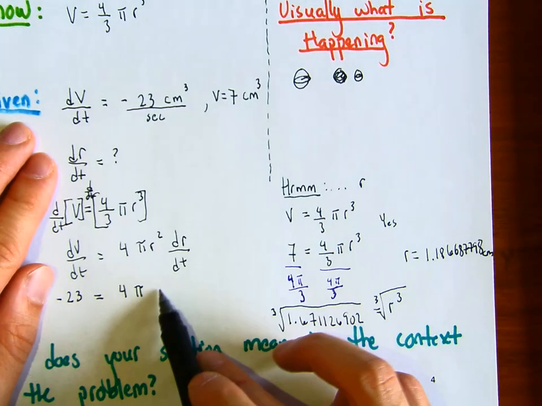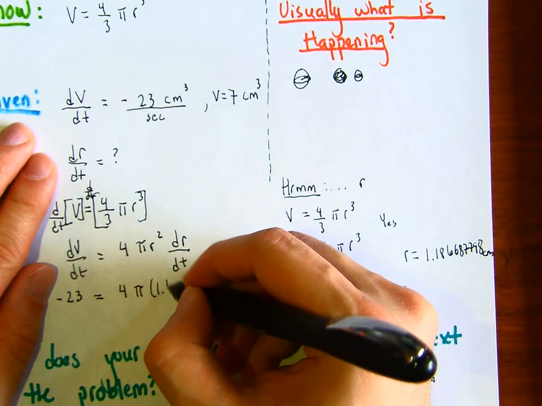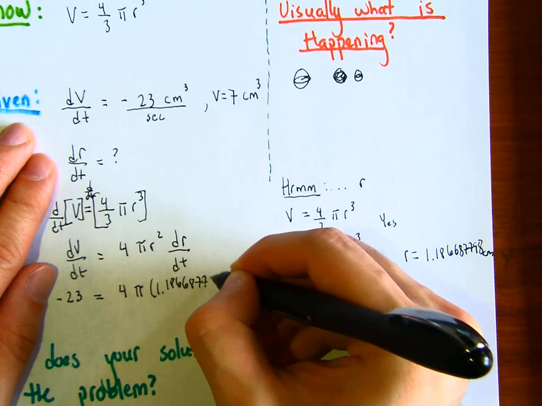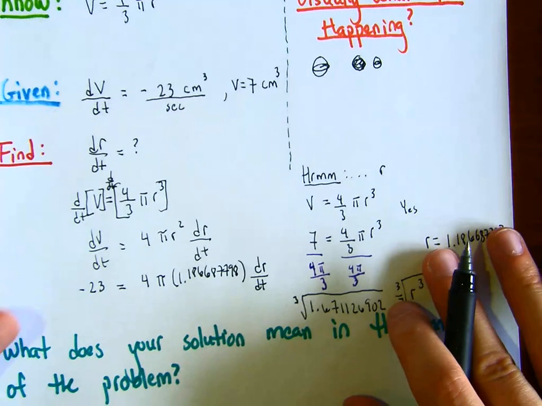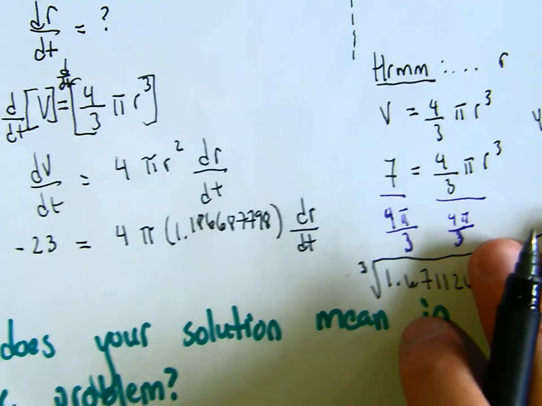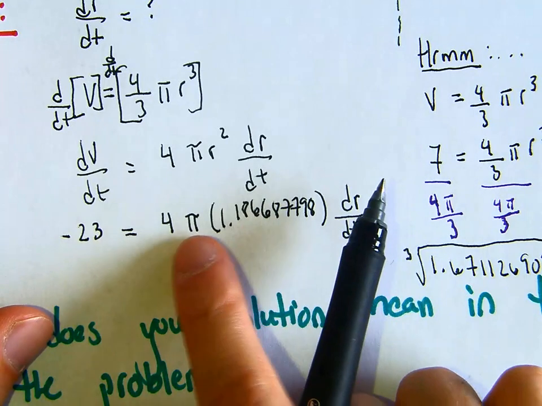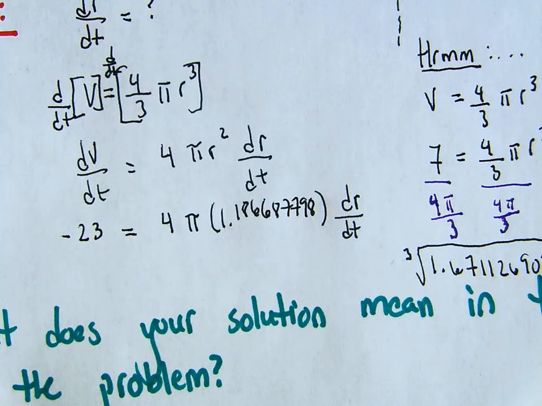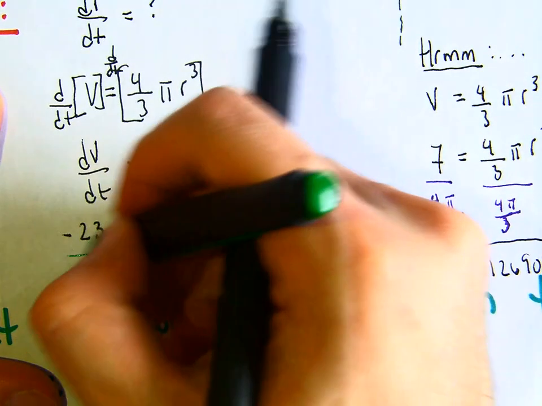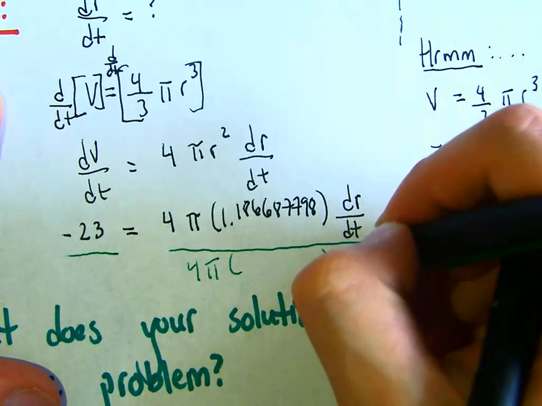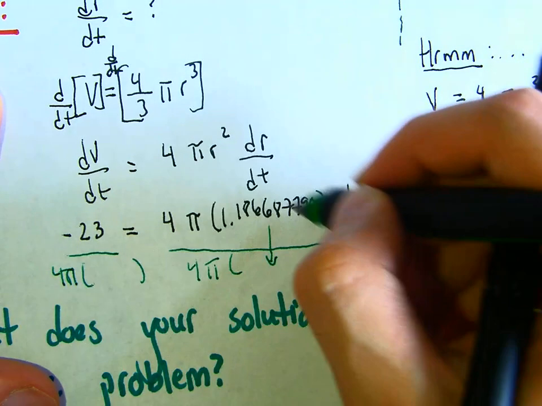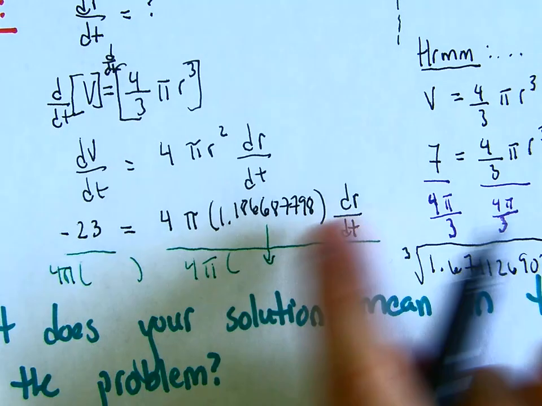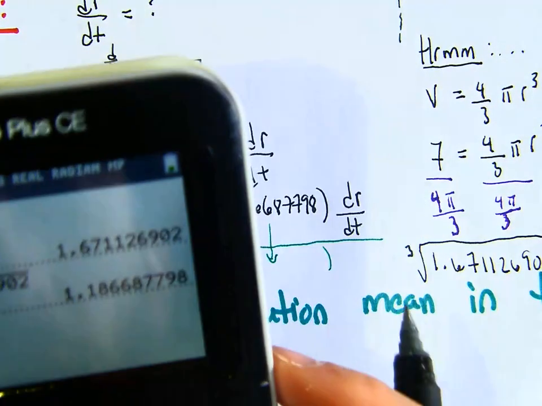Now we know what r is, so we plug r in over here. So this is 4 pi times 1.186687798 squared times dr/dt, because we want to find dr/dt. Now this part is not too bad, because all we're going to do is divide both sides by 4 pi times this whole number, and that's our dr/dt. So let's do it in the calculator.